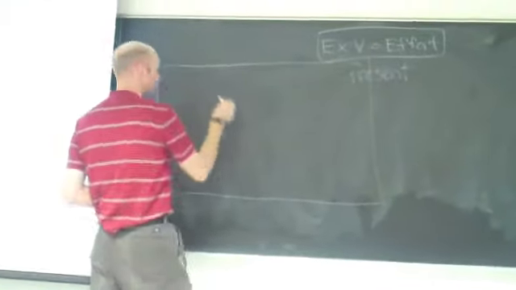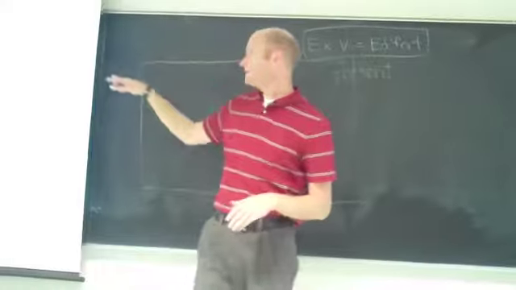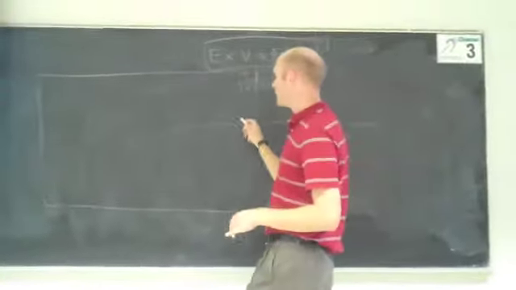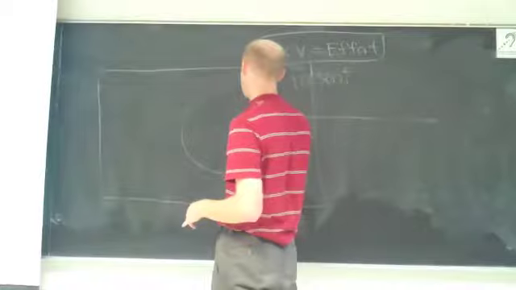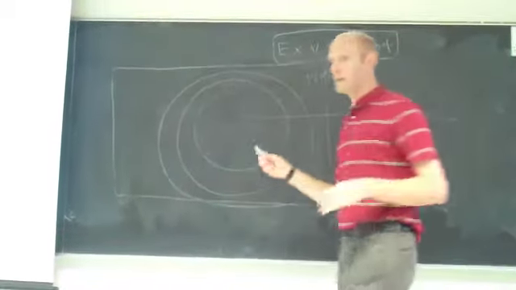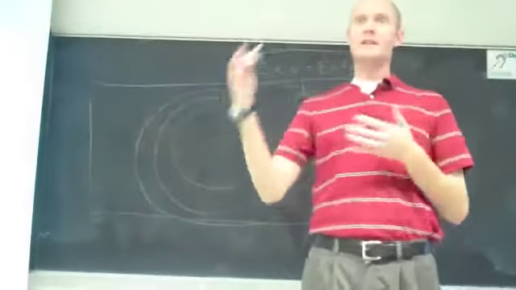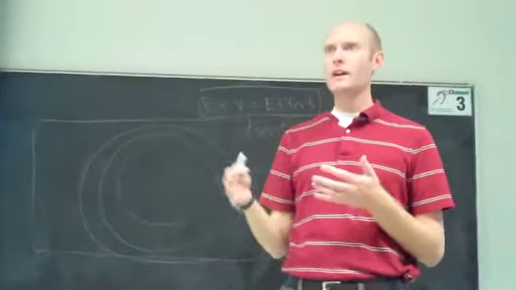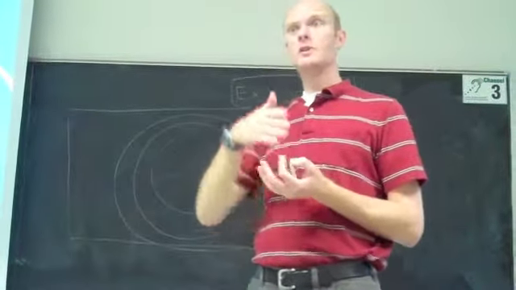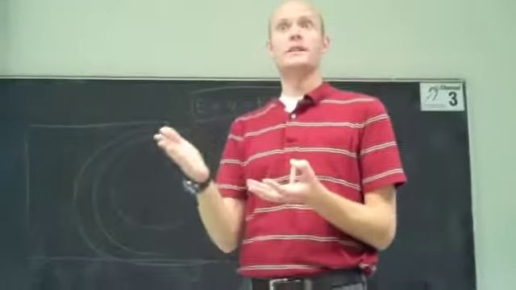So the idea with circular causality is that anything that you're choosing now is more, rather than like a constant going forward, it's more of a cycle where you're going back over the same things again and again and again and experiencing the same type of thing and reacting in pretty similar ways. And so whatever you experience in the past is going to affect the way you act in the future or in the present.